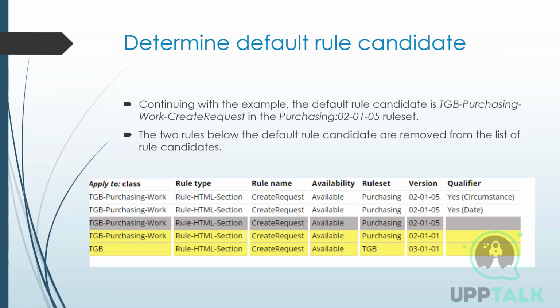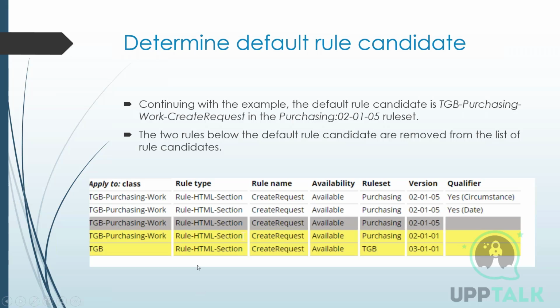If it doesn't have any qualifier, the first one that the system finds is going to be your default rule candidate. So here I found that the third rule candidate is the first candidate without any qualifiers. So this grayed out one is going to be my default rule candidate. Okay, good, I found it. Then what next? All the rules below the default rule candidate will be discarded here.